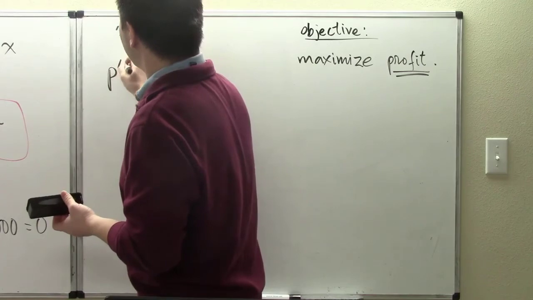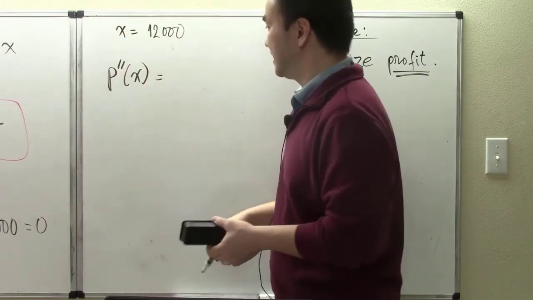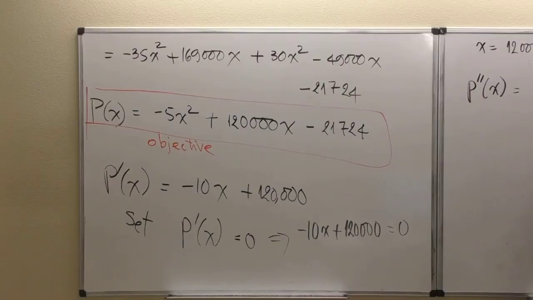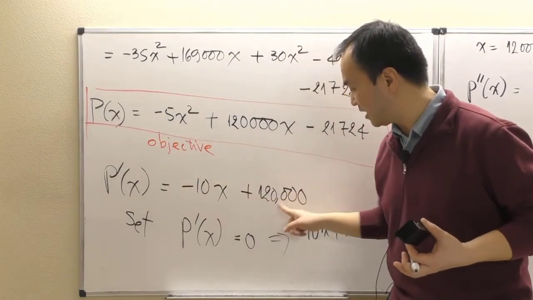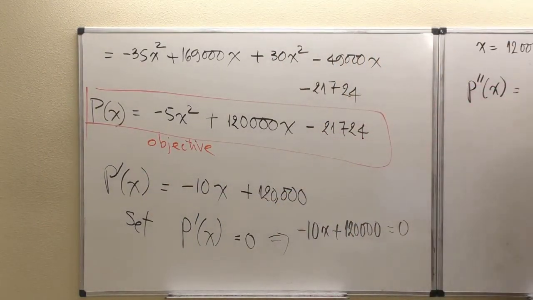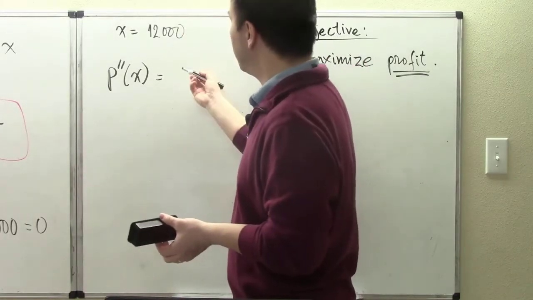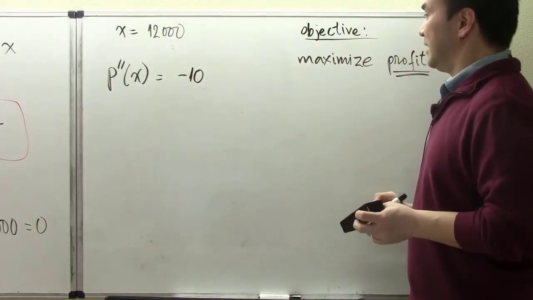Our second derivative, P double prime of x, is going to be, let me quickly bring up the other board one more time right here. So this is our P prime. P prime is minus 10x plus 120,000. So in that case, P double prime is going to be minus 10.